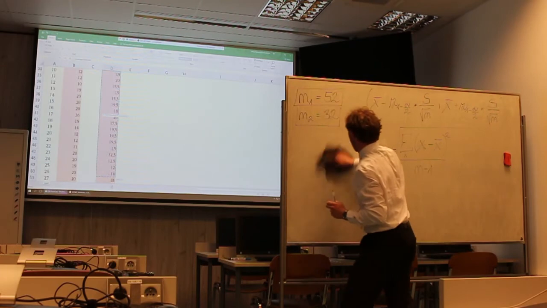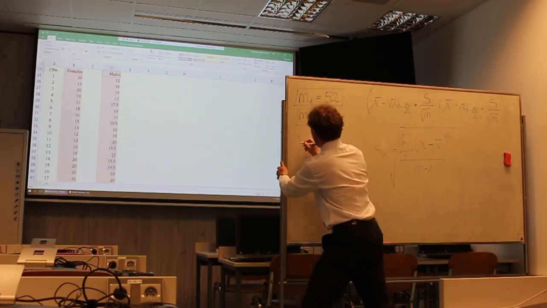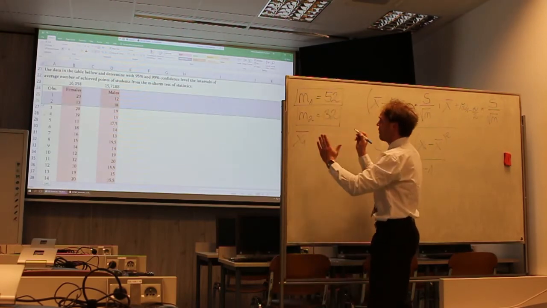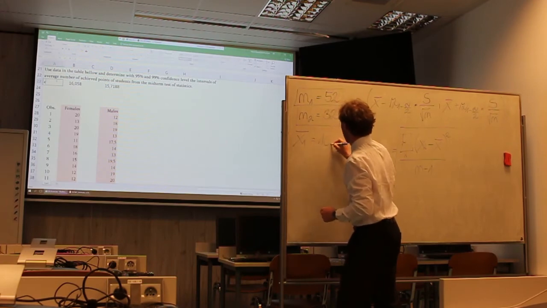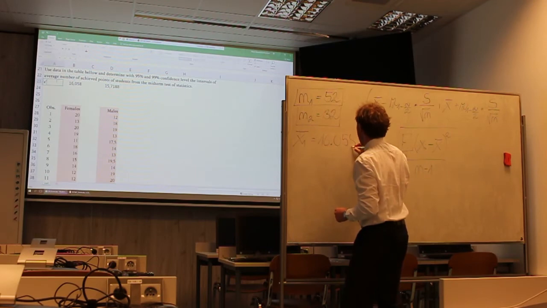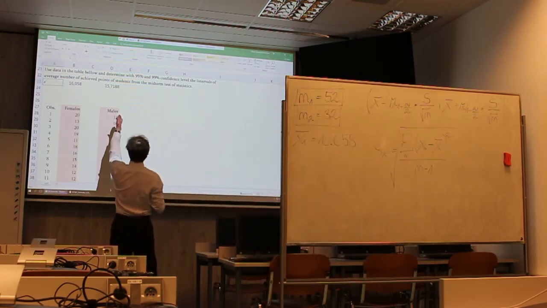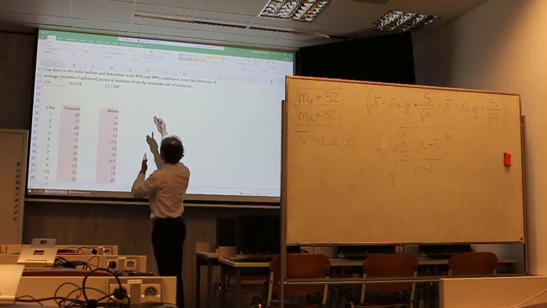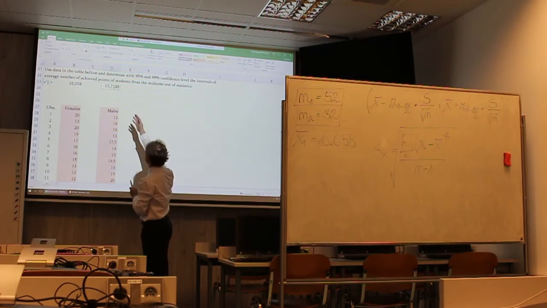So this is the mean for females, x1 with stripe, equal to 16.058. And the same for males: equal sign average from 32 values of males.